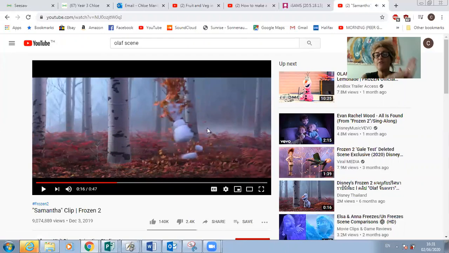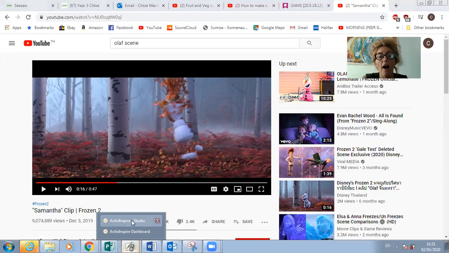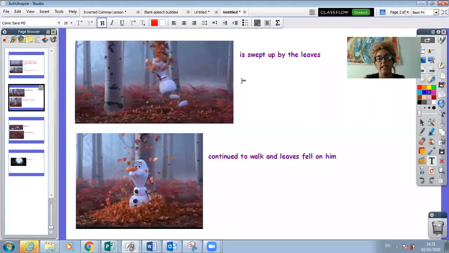He falls on the leaves laughing, and all of a sudden he's swept up in the leaves. So I'm going to write what happened. He doesn't really do much speaking, so I'm going to make a sentence out of the actions that happen.